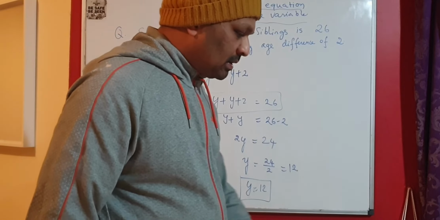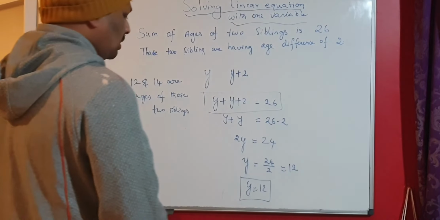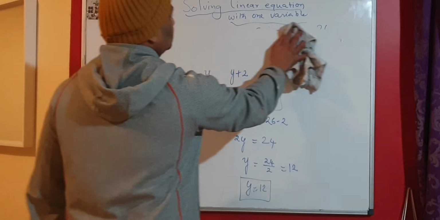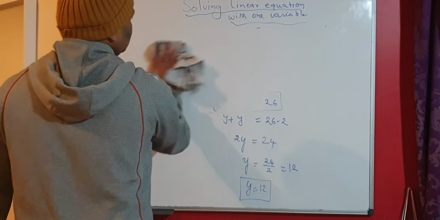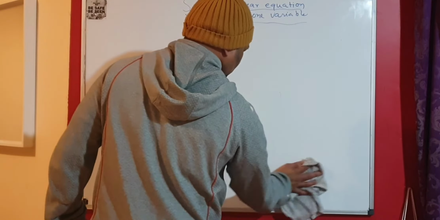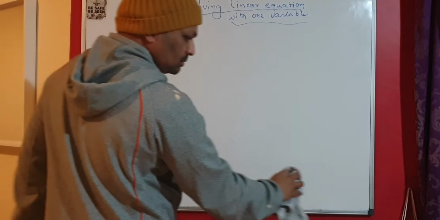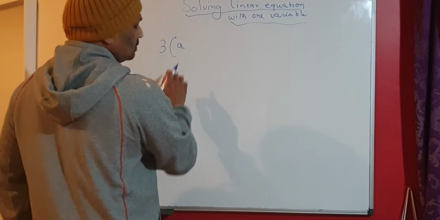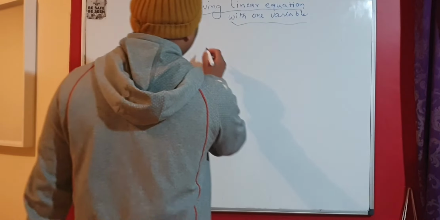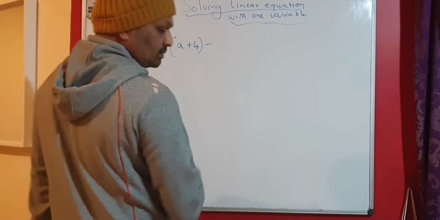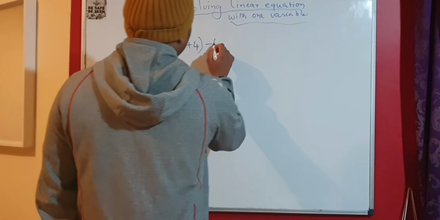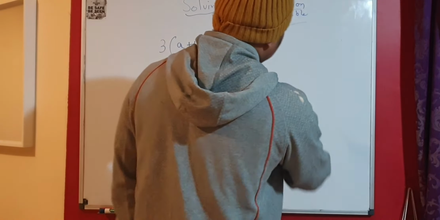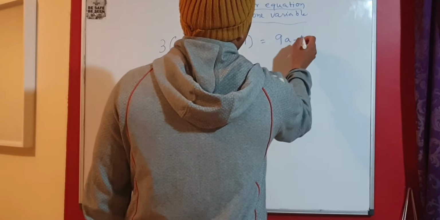Before we wind it up, let's try to solve one more sum. 3 into a plus 4 minus 5 into a minus 1 is equal to 9a minus 5.